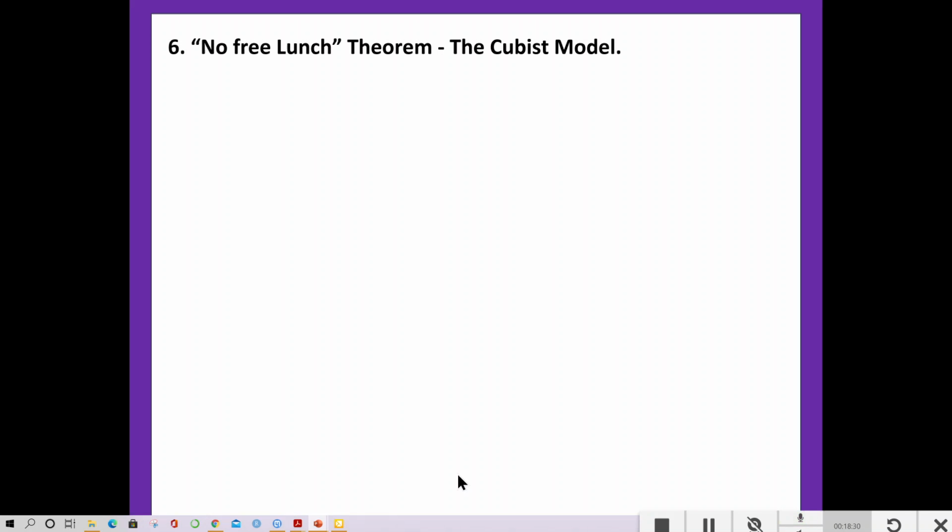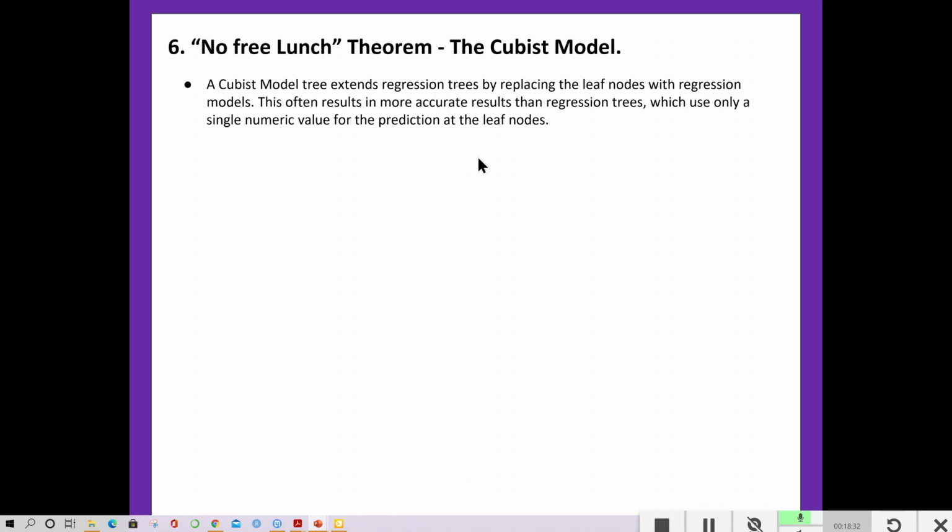Now, at this point, we want to review the no free lunch theorem, where we know that no model is universally true or best fit for all kinds of data. So that leads us in the search for a better model for this data set. And that brings us to the Cubist model.